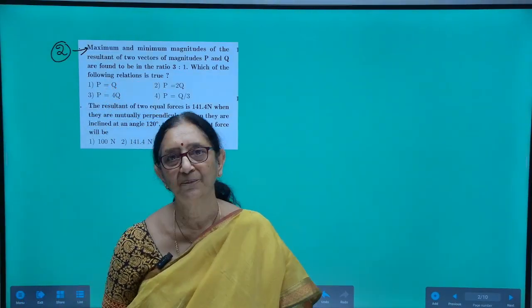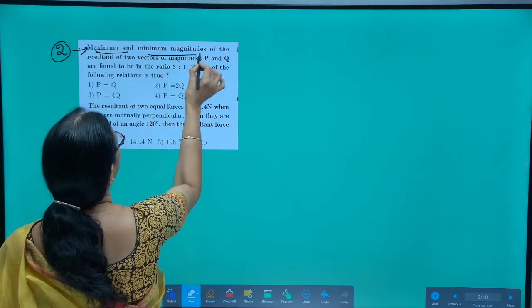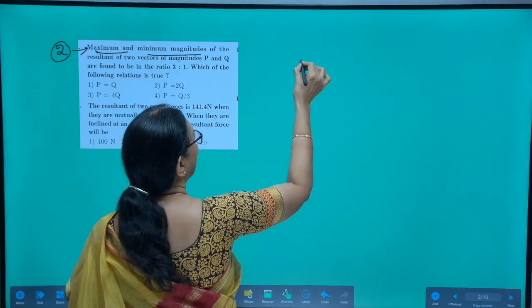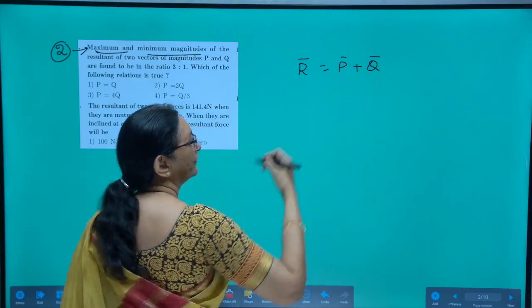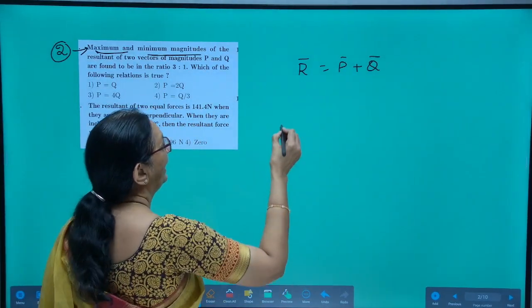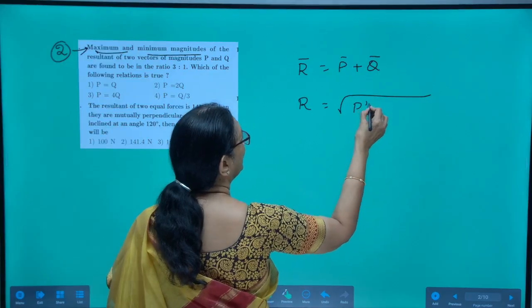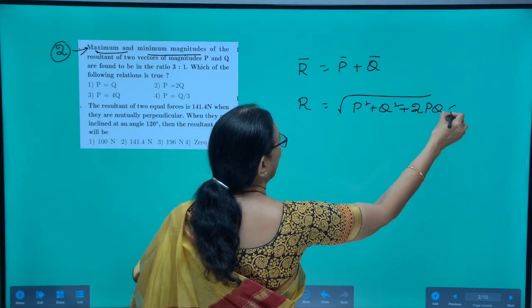Read the problem carefully: maximum and minimum magnitudes of the resultant. The resultant of two vectors P bar and Q bar is P bar plus Q bar, and the magnitude of the resultant is given by root of P square plus Q square plus 2PQ cos theta.